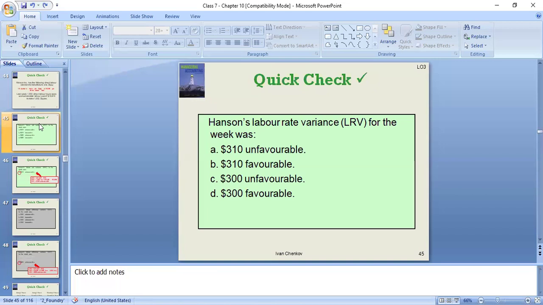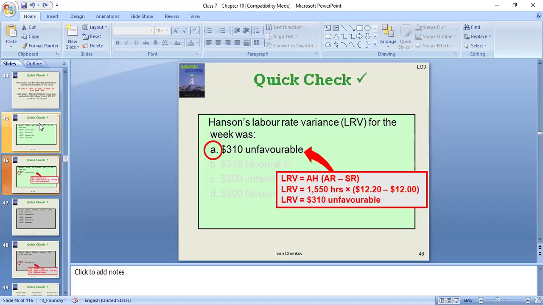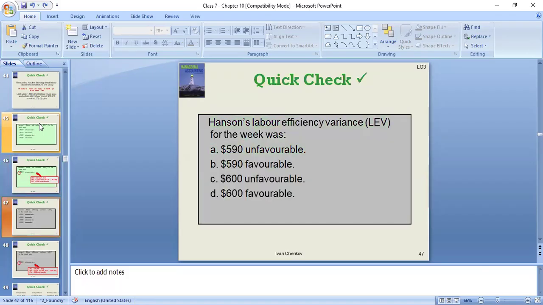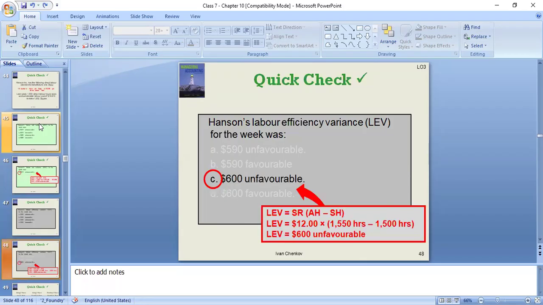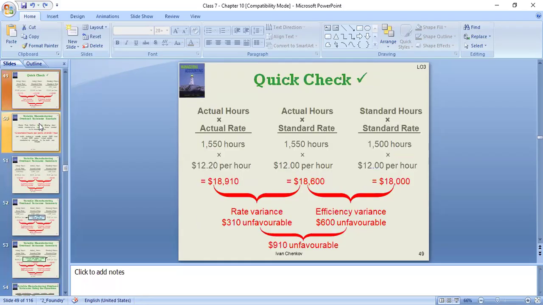How much is the labor rate variance? That will be letter A, which is 310 unfavorable. And the next one is the labor efficiency variance. That will be 600 unfavorable, the way we saw it.